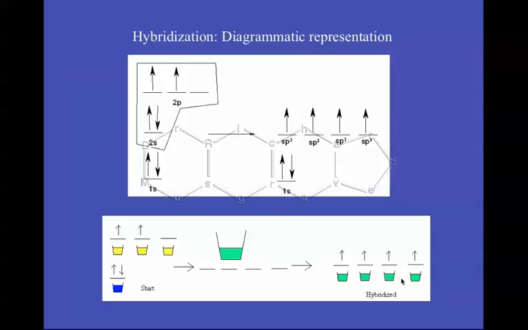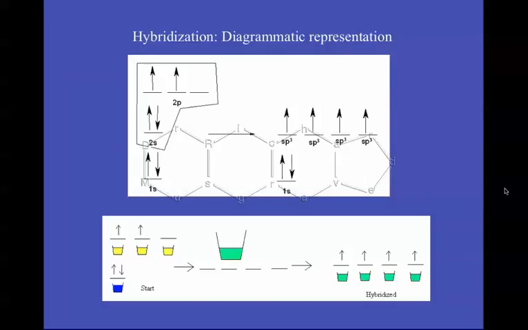And this gives us 4 equal or hybrid sets. So an sp3 is made up of 1 s and 3 p's, and it gives 4 separate sp3 hybrids, each made up of 1 part s and 3 parts of a p orbital.